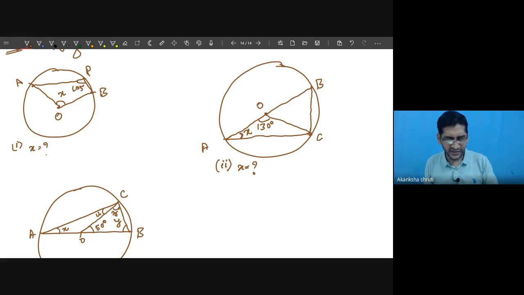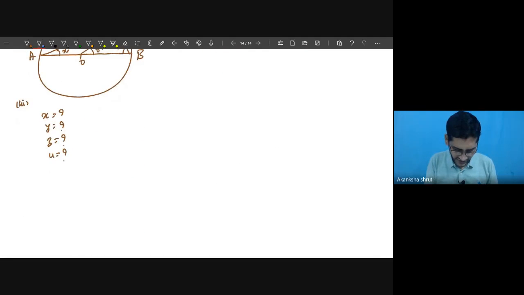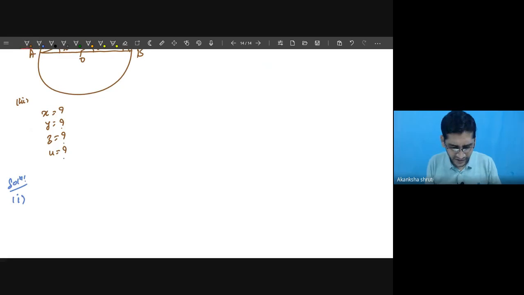Students, I am going to explain question number 1 once again. Our figure is like this. Observe the figure, or let me draw the figure.